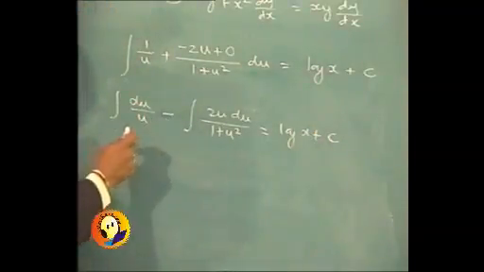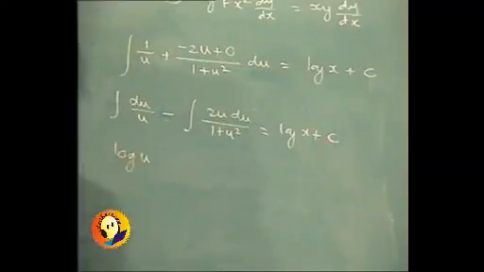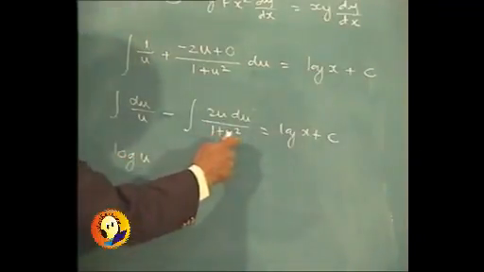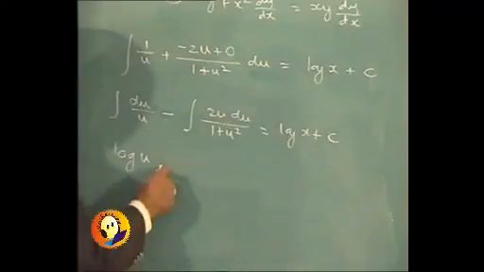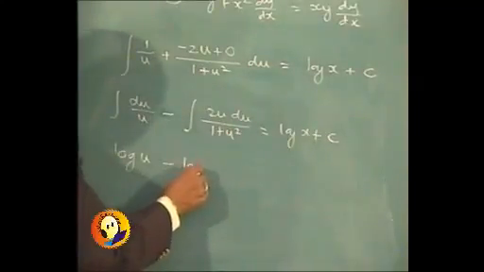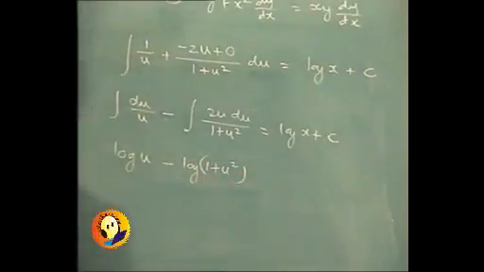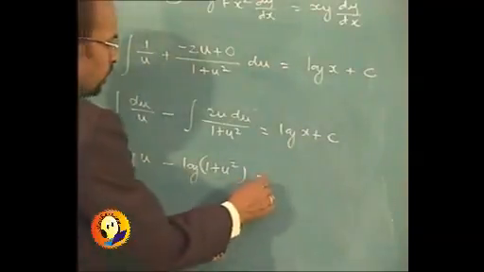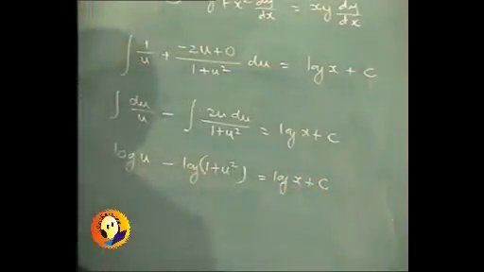Integral du upon u will be log u, and again 1 plus u square, its derivative is 2u du, which is present in the numerator, so it will be minus log of 1 plus u square as the integral. It is integral f dash x dx upon fx integrated as log of fx, equal to log x plus constant.